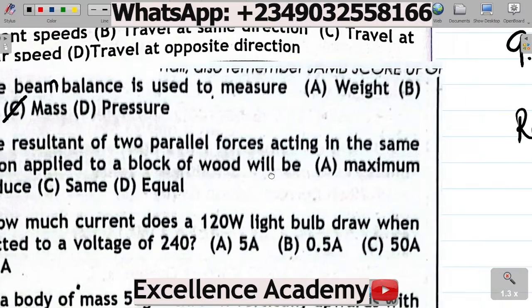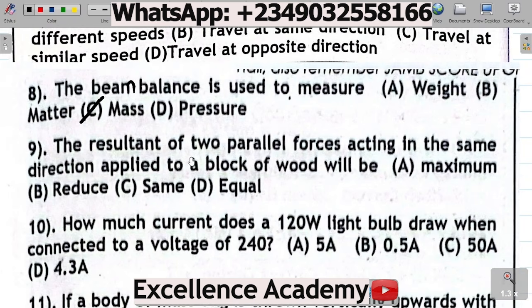In essence, for this question, the resultant of two parallel forces acting in the same direction applied to a block of wood will be maximum, because there is no other opposing force trying to reduce the effect of the two forces. So the answer there is maximum.